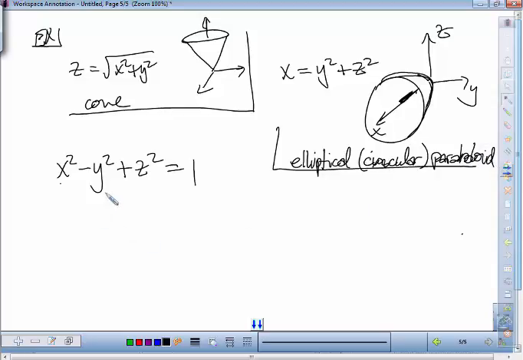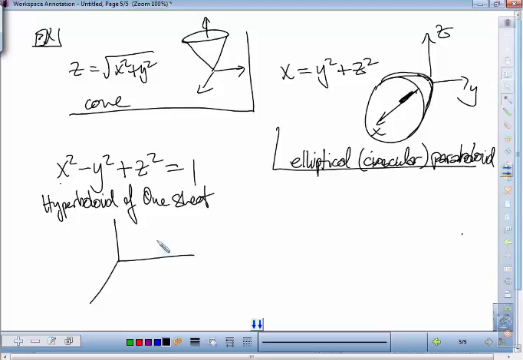And then this one is a hyperboloid of 1 sheet. And it's opening up which way? Along the y. So this is the y-axis.